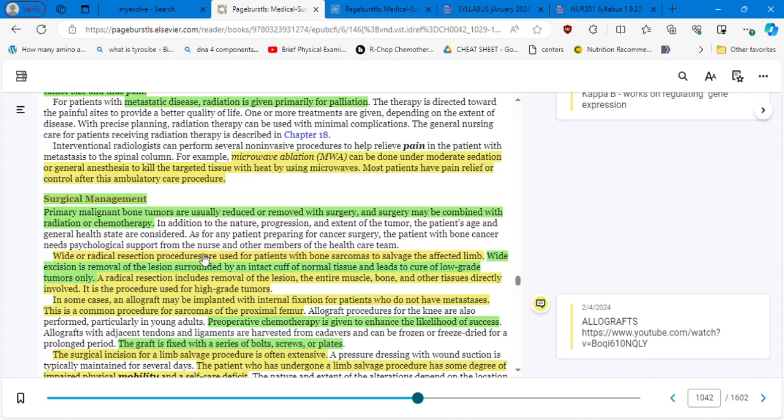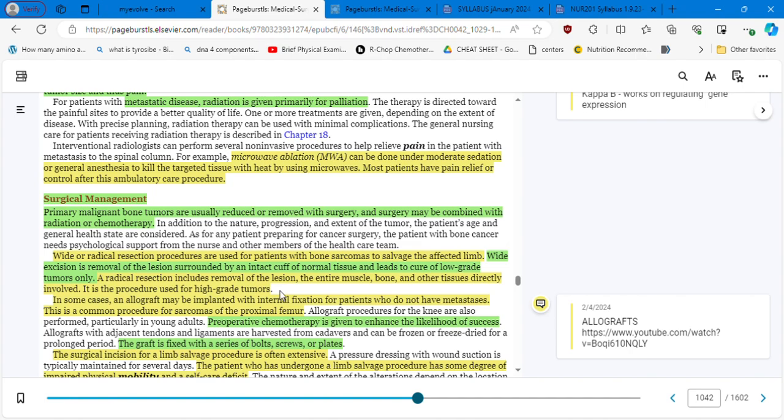Wide excision is removal of the lesion surrounded by an intact cuff of normal tissue and leads to cure of low-grade tumors only. A radical resection includes removal of the lesion, the entire muscle, bone, and other tissues directly involved. It is the procedure used for high-grade tumors.